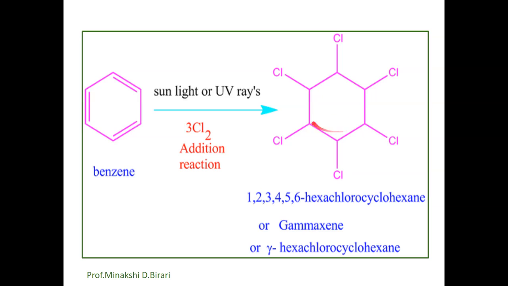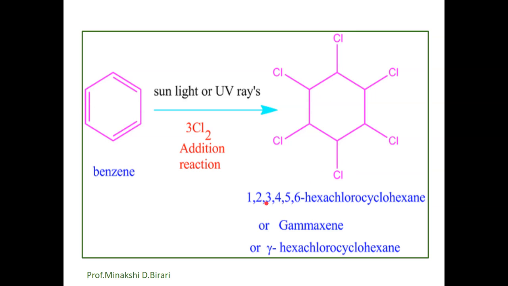In that we get the product benzene hexachloride, that is BHC, having 6 carbon atoms, 6 hydrogens and 6 chlorines, that is C6H6Cl6.